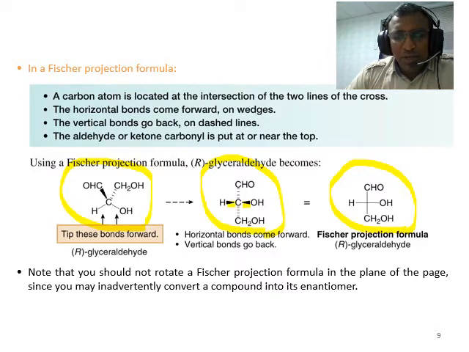The wedge line is coming towards you, closer to you, compared to this dash line. The dash line is going further away from you. So I hope you can imagine that the OH here, as well as hydrogen, is coming nearer to you than the carbonyl group as well as CH2OH. And then this one additionally has these straight lines on the plane of the slide, and then the wedge closer to you and dash line away from you. So this one is more 3D than these two here.